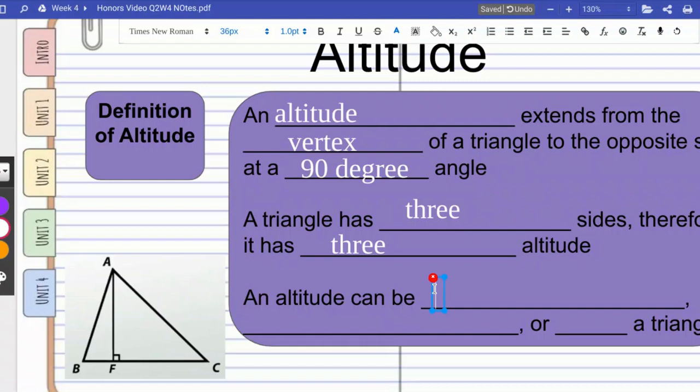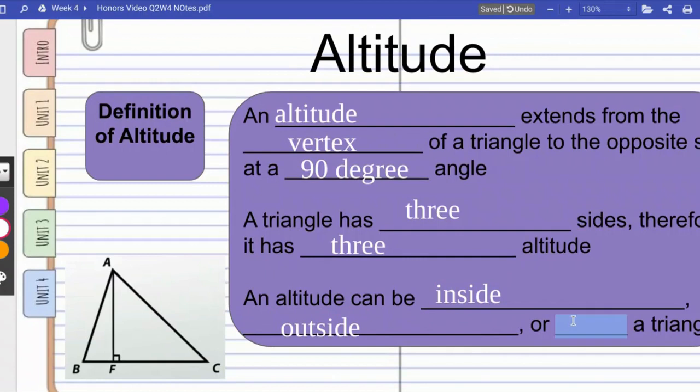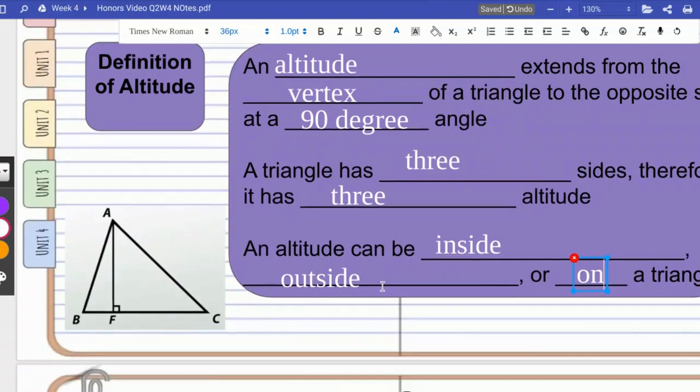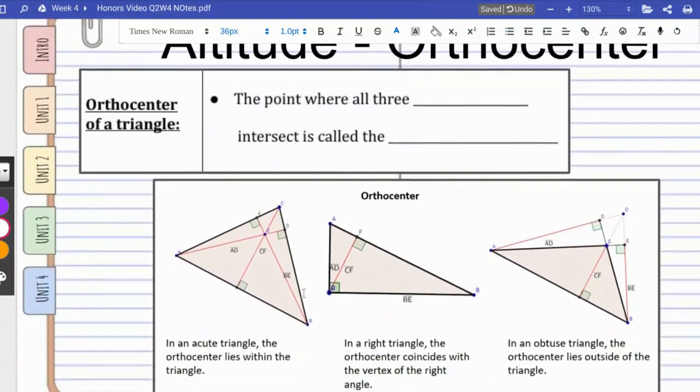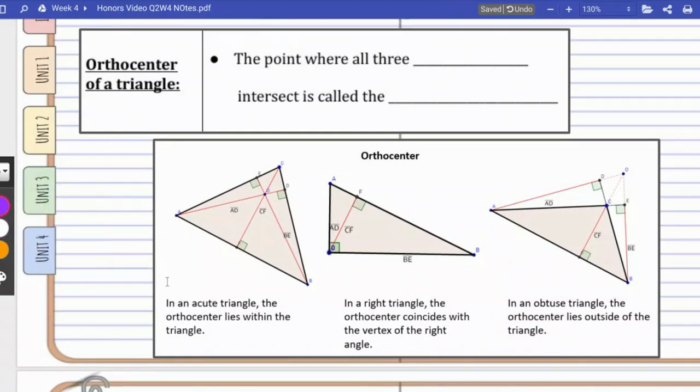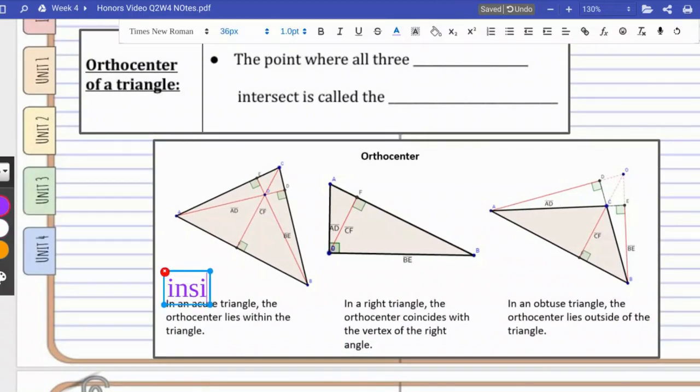What's special about an altitude is an altitude can be inside, outside, or on a triangle. So the pictures down here kind of showed you some altitudes. On an acute triangle, the altitudes are inside.